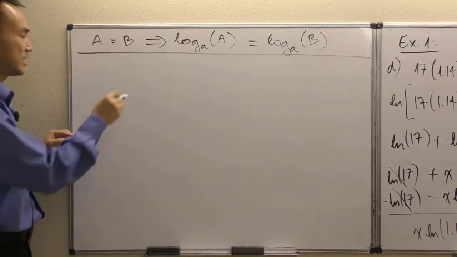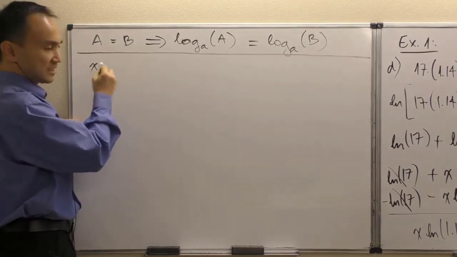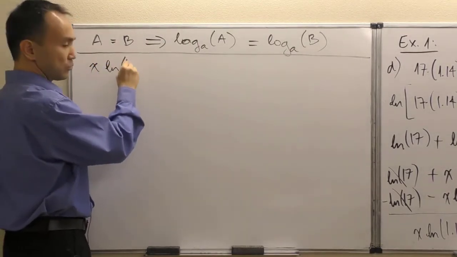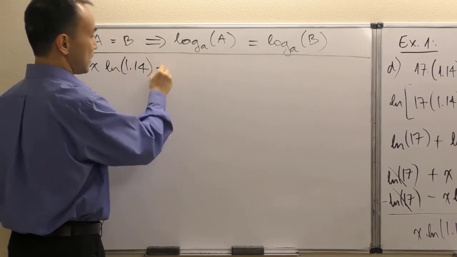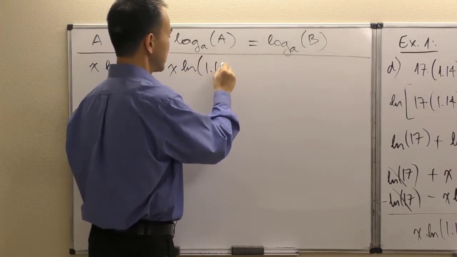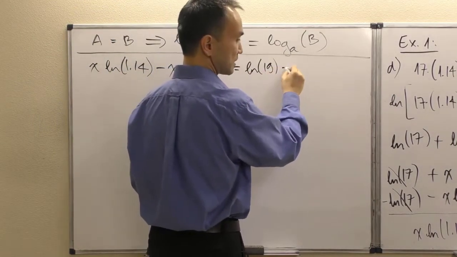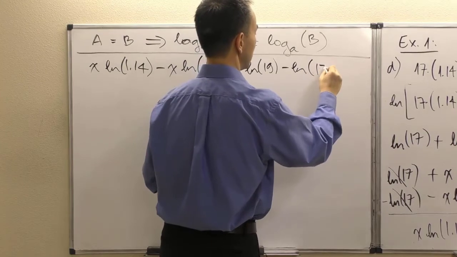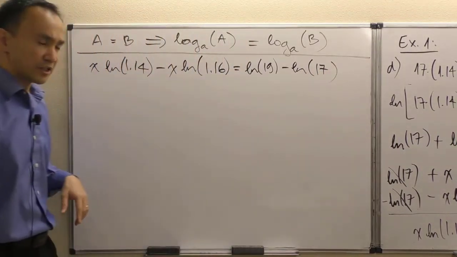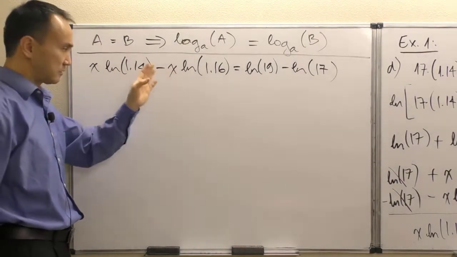All right, so now from the very recent step, I'm looking at x times natural log of 1.14 minus x times natural log of 1.16, and all of that equals natural log of 19 minus natural log of 17. Okay, and now on the left hand side is where all of the variable terms are.